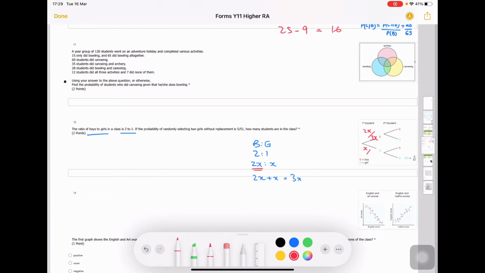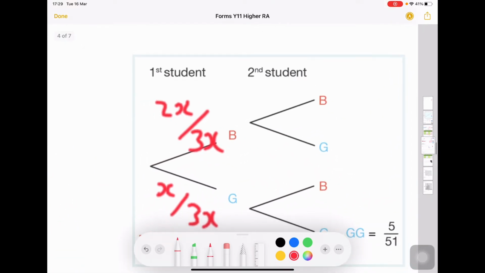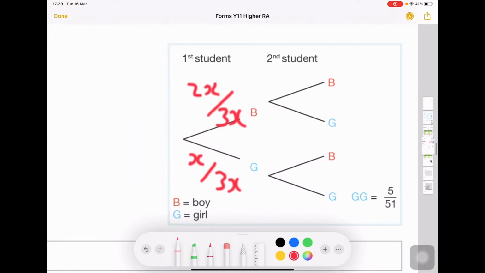Going to look messy. Now I'm going to zoom in on the tree diagram. Let me just make it a bit smaller. So x over 3x, and 2x over 3x.